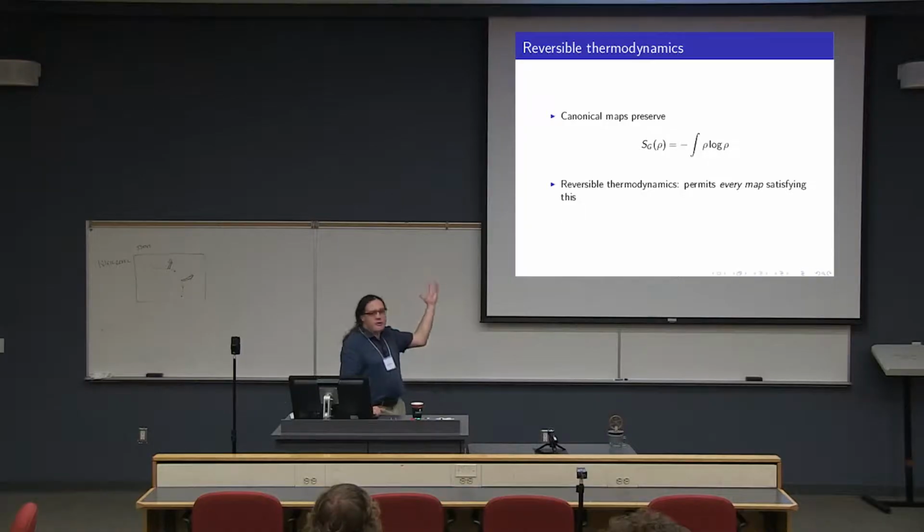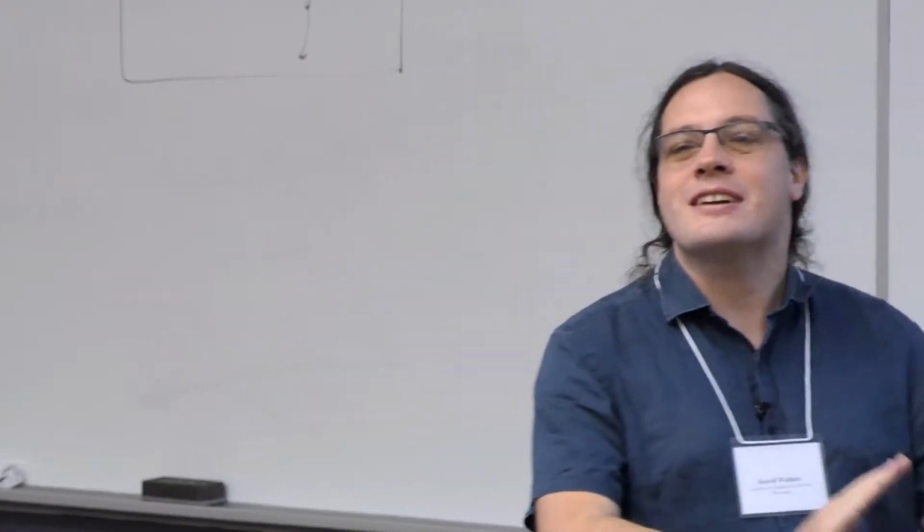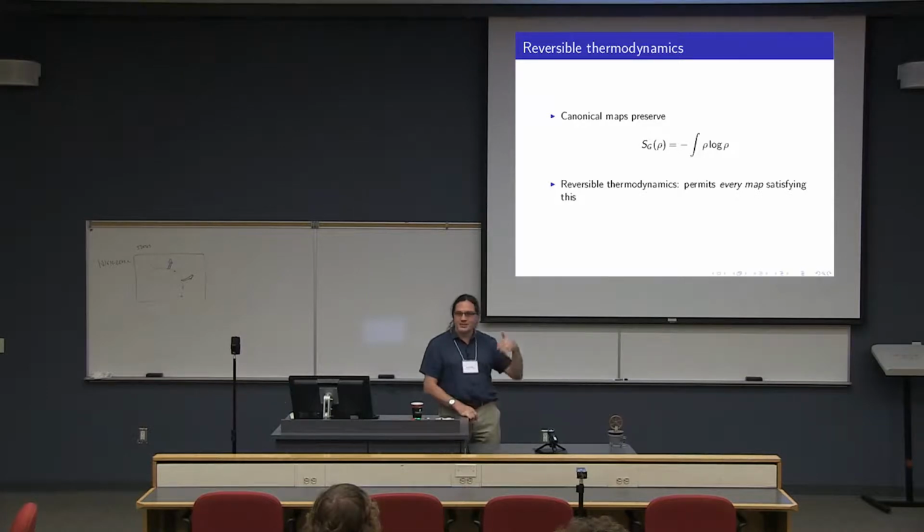And what I'll call reversible thermodynamics permits every map that satisfies this. And in doing so, it actually creates a sort of artificial expansion even beyond what we can physically perform, because not every volume-preserving map is a symplectomorphism. But for the moment, I just want to consider, okay, suppose I can just perform any transformation I like on the system, provided only it keeps to this minimal requirement that applies to canonical transformations, that it preserves the Gibbs entropy.